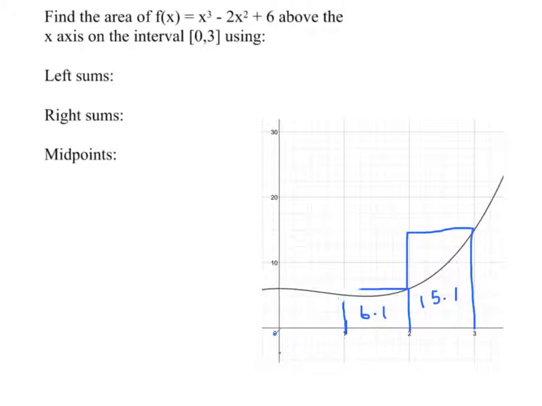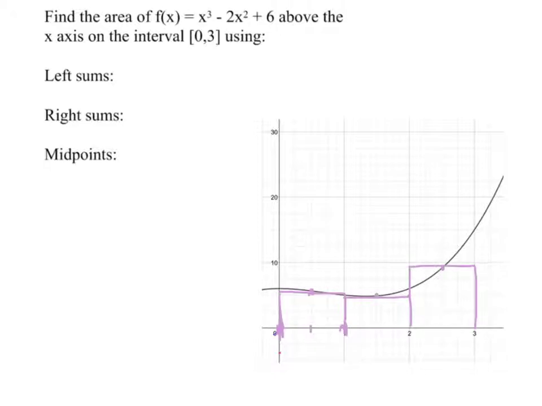Okay. Finally, the midpoint. Now going from 0 to 1, 0.5 sets our height. So we'd set the height with that and draw the line straight across like that. Here 1.5, here 2.5, like that.